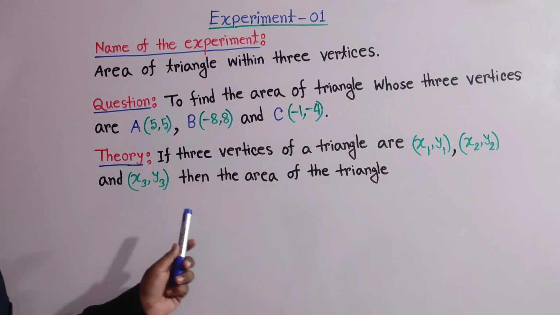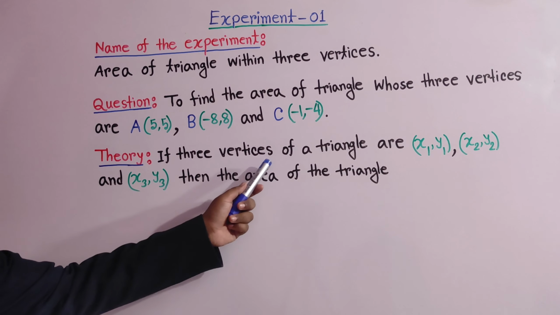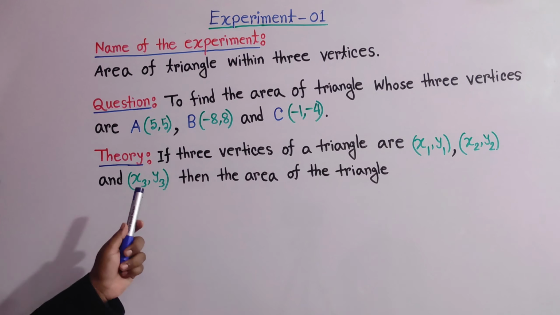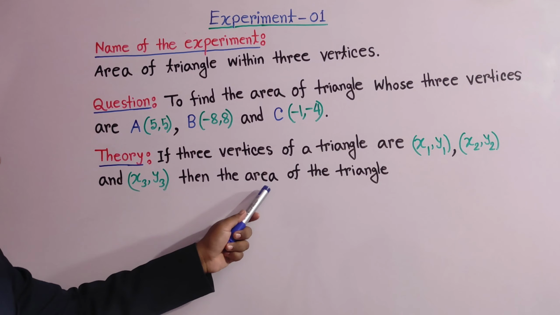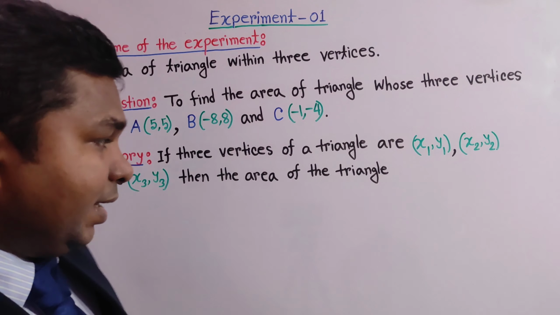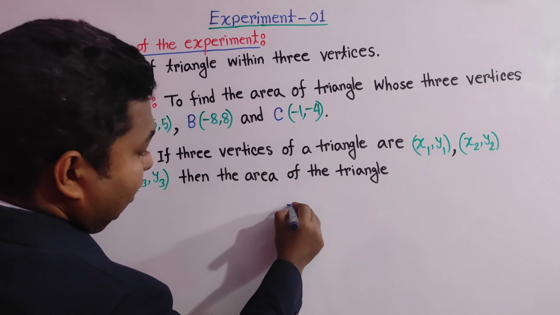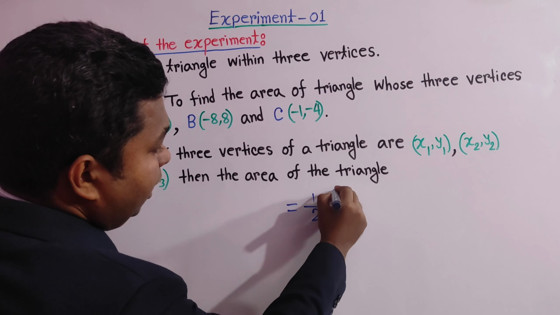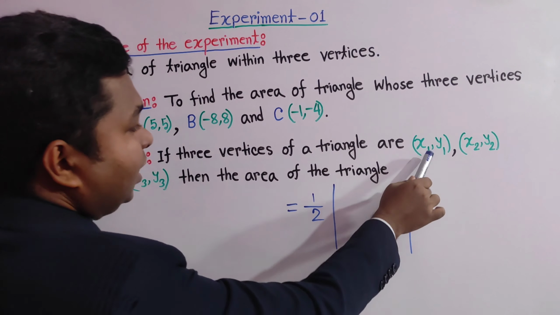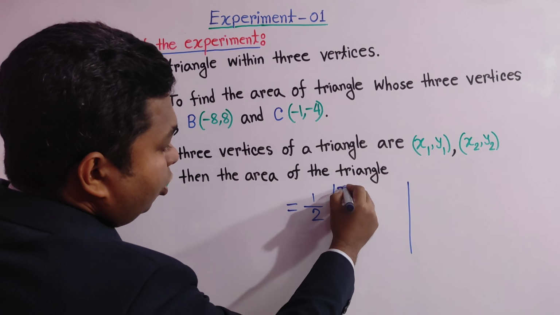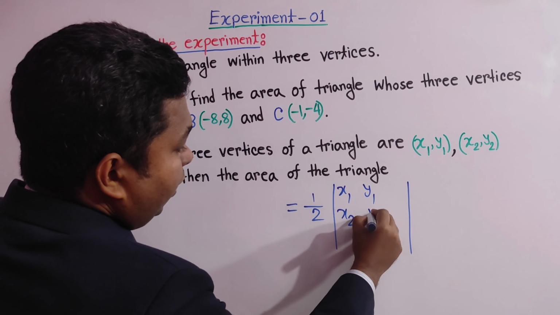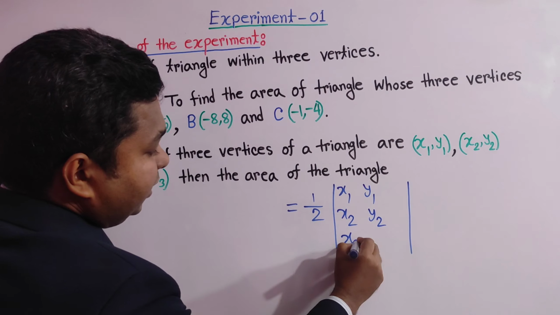Here the theory: if 3 vertices of a triangle are (x1, y1), (x2, y2) and (x3, y3), then the area of the triangle, as we all know, is equal to half into the determinant of the coordinates of the vertices: x1, y1, then x2, y2, then x3, y3.